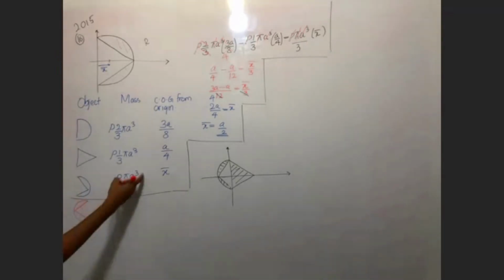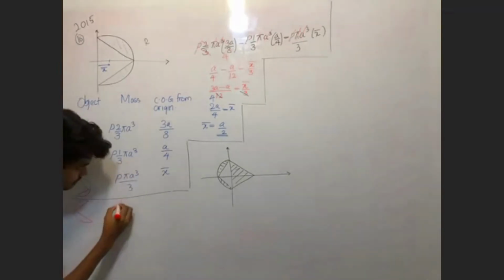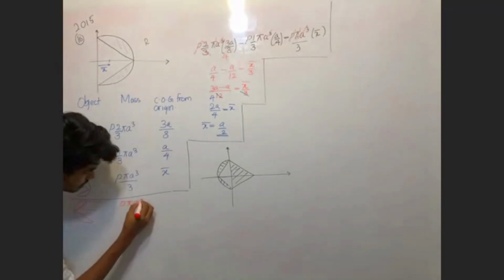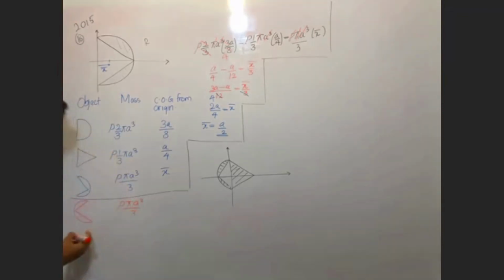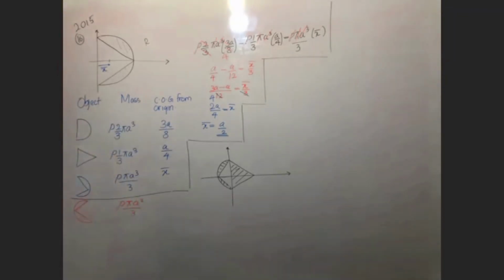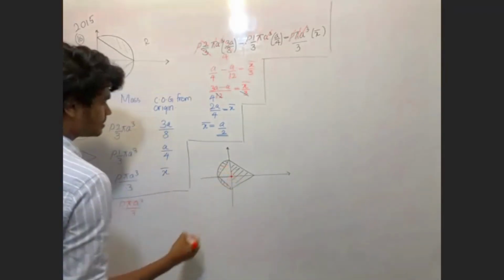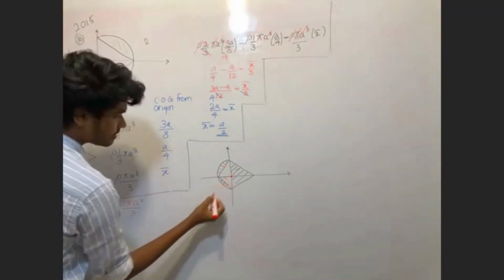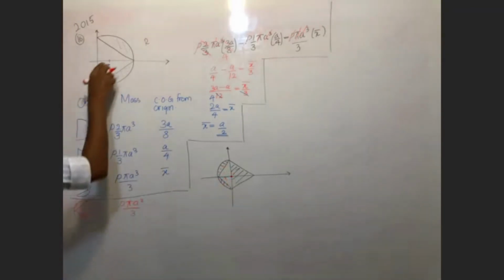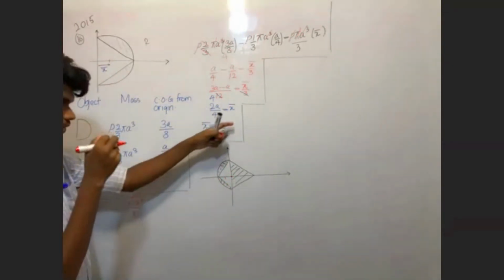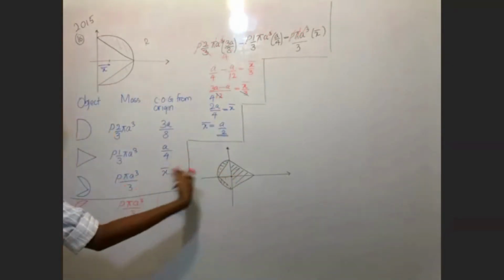What is the mass? From this origin, where is the center of gravity? Somewhere here, minus a over 2. It's on the minus side, right?